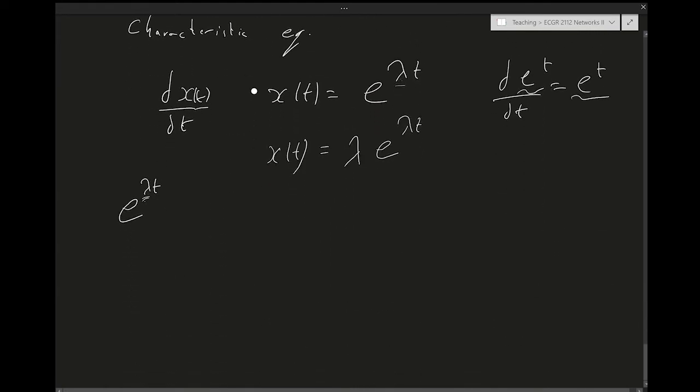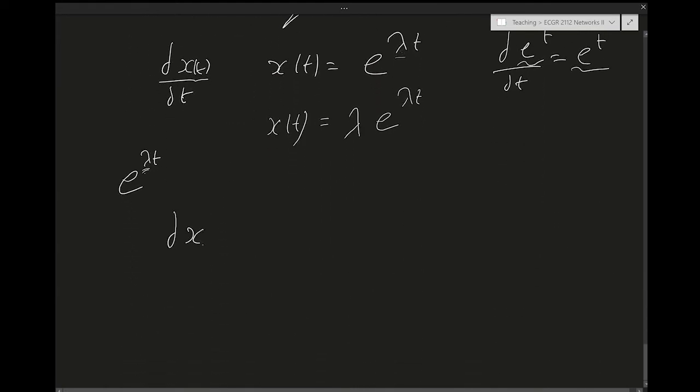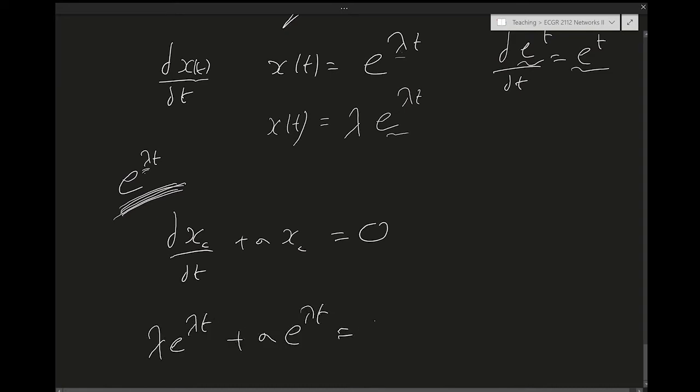So I have my homogeneous equation dx_c/dt plus a x_c equals 0. I plug in my assumed solution, and the neat thing about the exponential is when I differentiate it, I get λe^(λt) plus a e^(λt) equals 0.